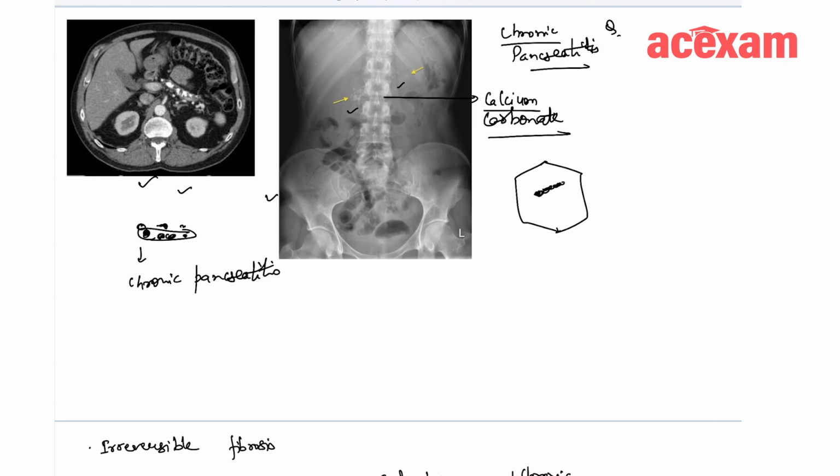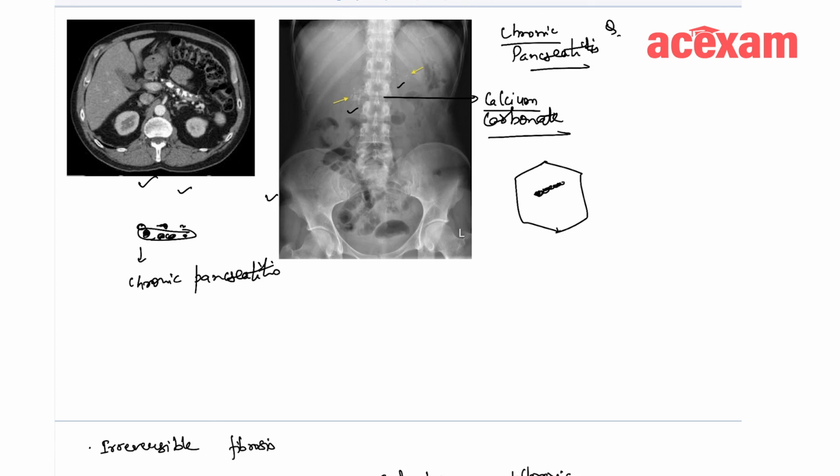If there is no response to endoscopic therapy or endoscopy is not possible, then either we'll have to go for surgery or for celiac ganglion block. Generally, in surgery we will do either a resection of the head of the pancreas or a drainage of the pancreatic duct, which depends on the CT findings.